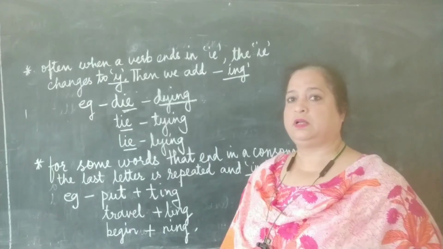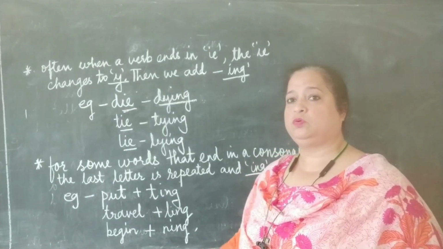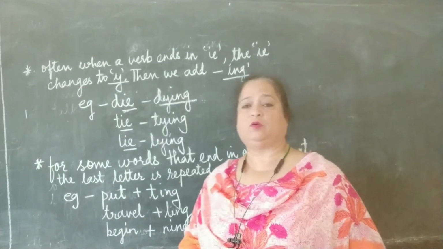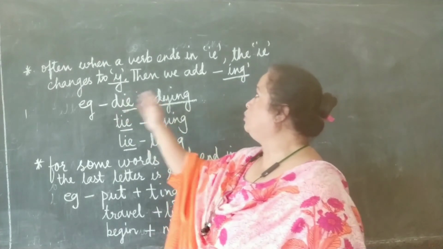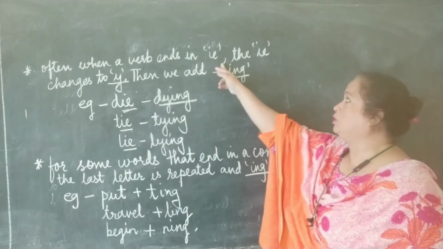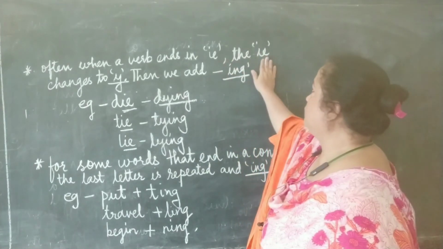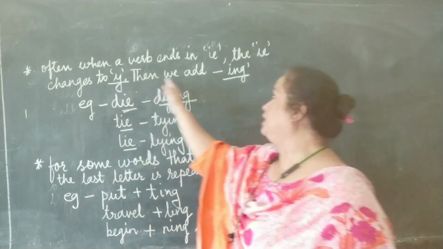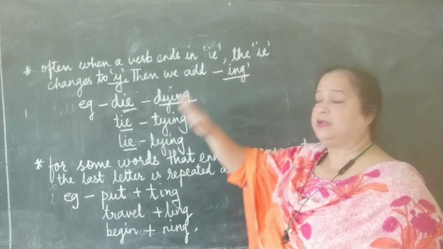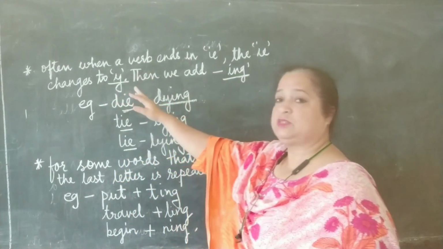Now children, there are some more rules we need to follow while adding or making the ing verbs. Now very often when a verb ends in IE, what do we do? We remove the IE and replace it by Y. Then we add ing after adding Y. But first what we must do?